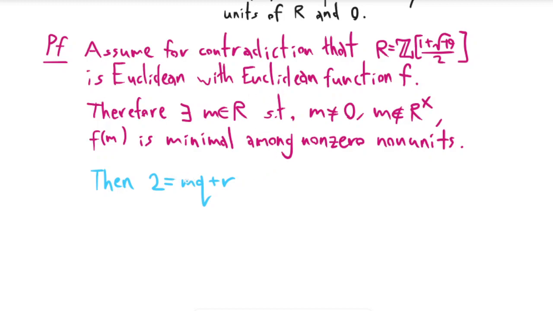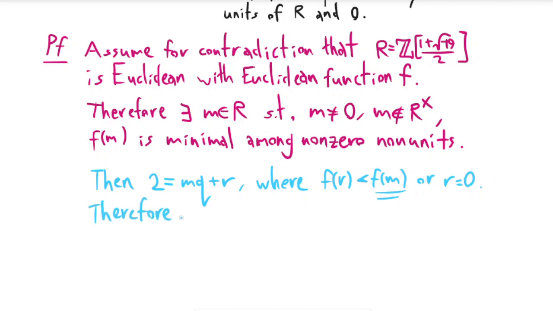So we know that there's a Euclidean algorithm, and so we know that 2 is equal to mq plus r, where q and r are elements of the ring R, and either f of r is strictly less than f of m or r is 0. Okay, but by our fact, we know that f of m is minimal among non-zero non-units, right? And so if f of r is less than f of m, that forces r to be a unit.